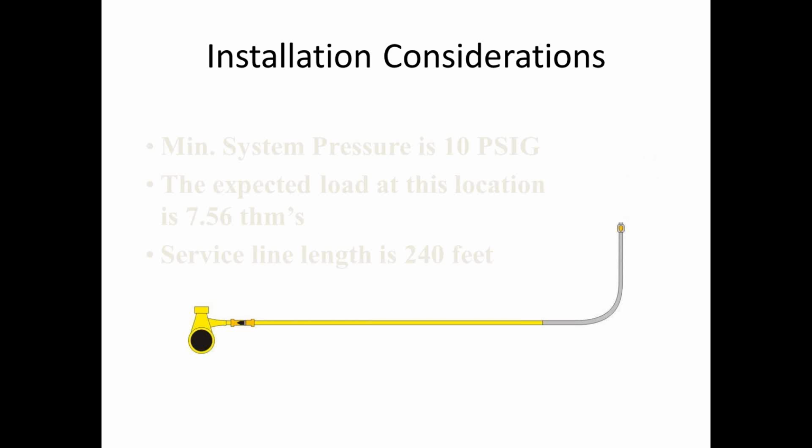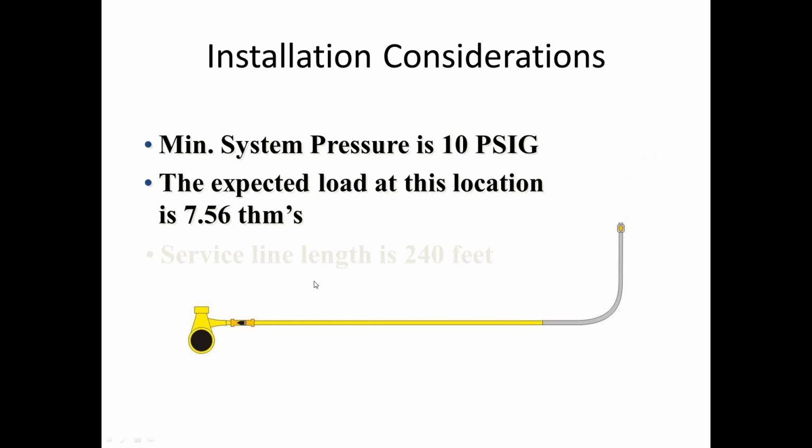Let's say we have a system minimum pressure at 10 psig. We have an expected load of 7.56 therms, so 7,560 standard cubic feet per hour, roughly, and service line length is 240 feet.